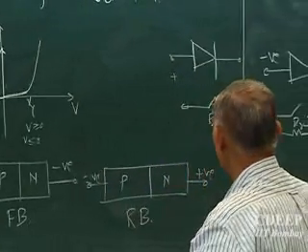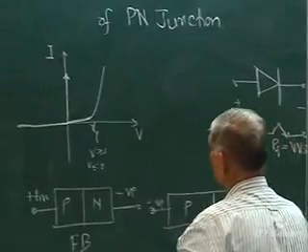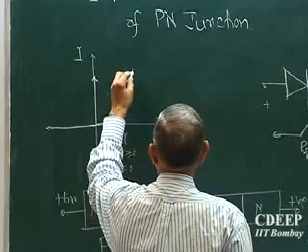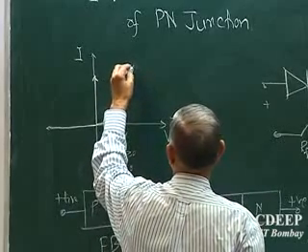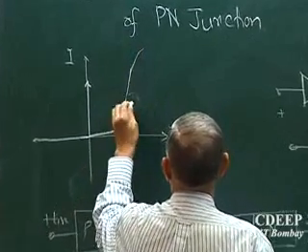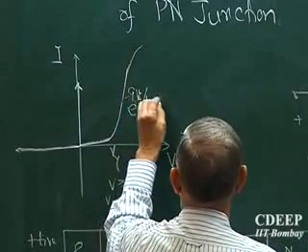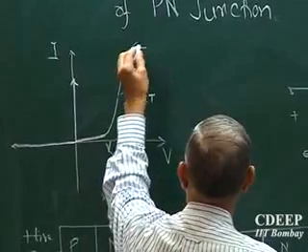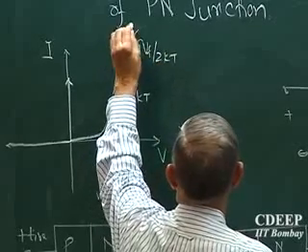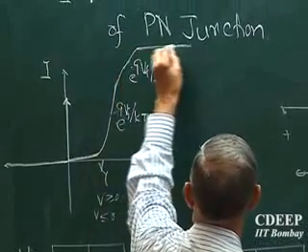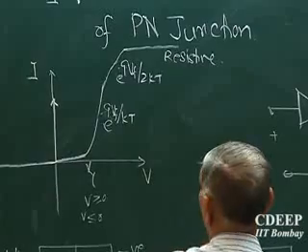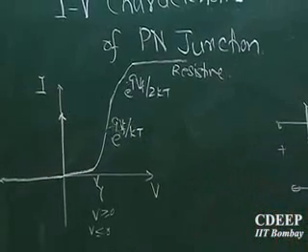As we start increasing forward bias beyond V gamma, the current starts increasing exponentially, and when we reach a very large current level, which we call high injection level, it has a relationship e to the power qVf by 2kT. Beyond this, the current saturates, or not really saturates, it increases a little bit, which is called the resistive region. The diode acts like a resistance at very large currents.